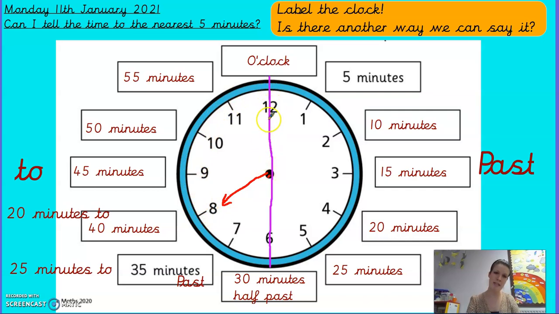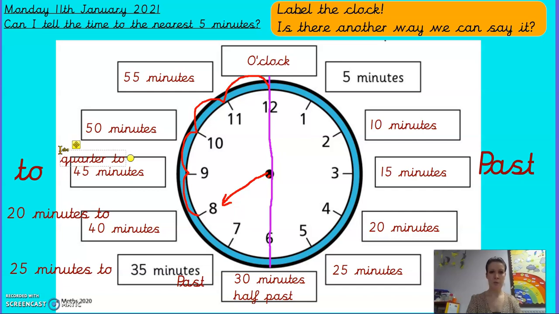So when the minute hand gets round to the 12, it starts the new hour. So what you do is you count on from that number to how many minutes it is until the next hour. So you can count along with me. So it'd be 5, 10, 15, 20. So it'd be 20 minutes to the next hour. When we get to 45 minutes past, we normally say it's 1:45.